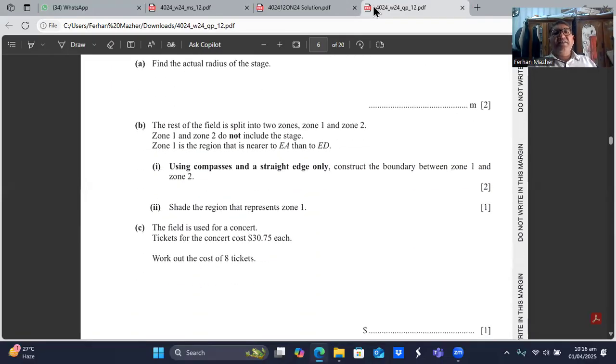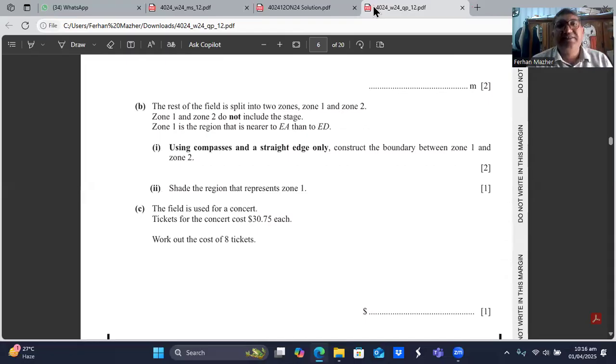Then the question is, the rest of the field is split into two zones, zone 1 and zone 2. Zone 1 and zone 2 do not include the stage. Zone 1 is the region that is nearer to EA than to ED. Whenever you say you are equidistant from two lines, or nearer to one line as compared to the other line, and if those two lines are intersecting, how do I know they are intersecting?